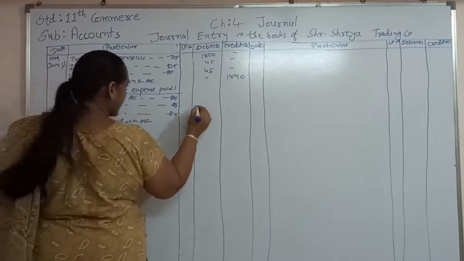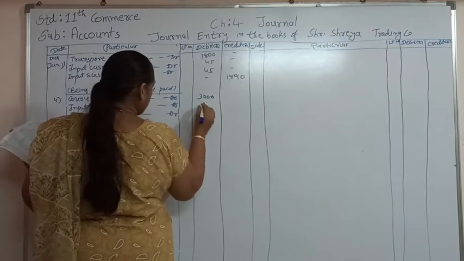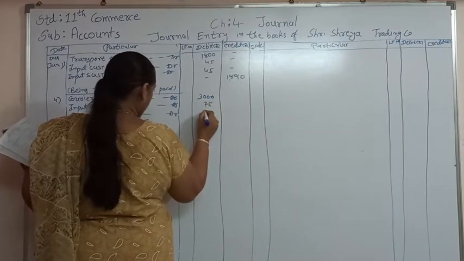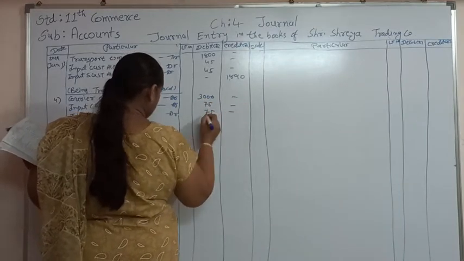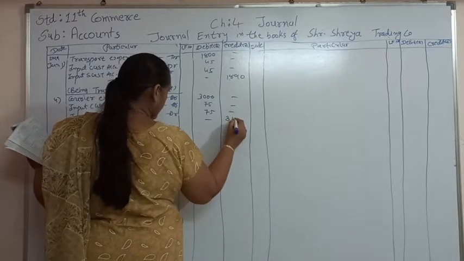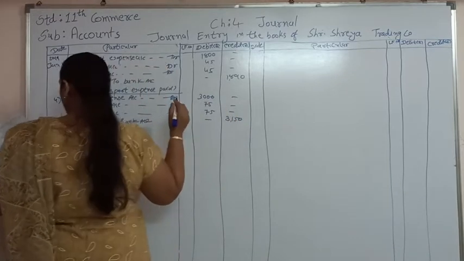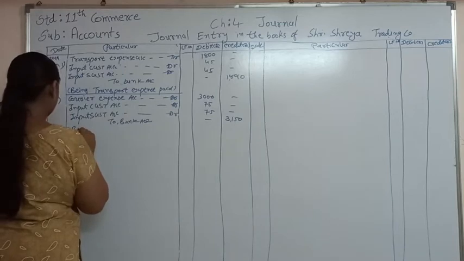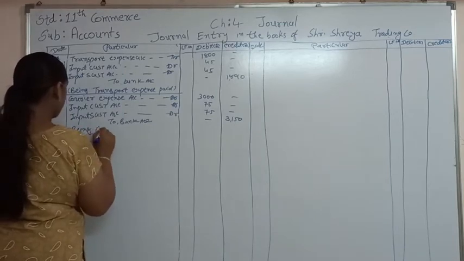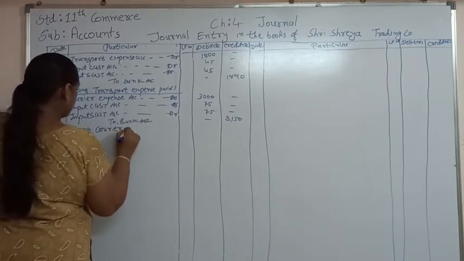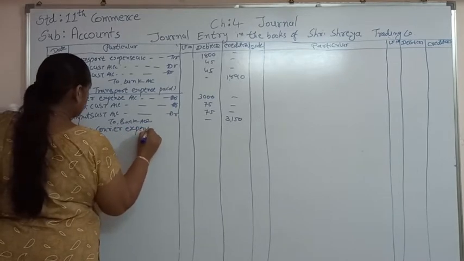So here courier expense is 3000, with 75 rupees each of input CGST and SGST, so total will be 3150. Being courier expense paid.